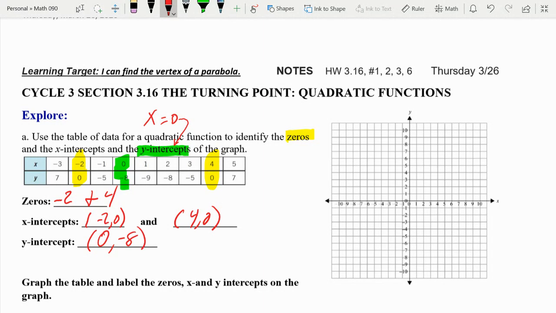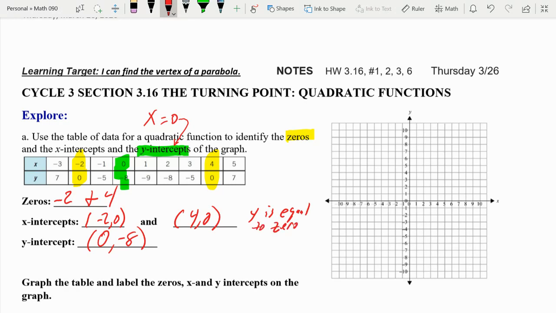So just remember x-intercepts. When you're looking for the x-intercepts, y is equal to 0. That's what you need to remember. Maybe I should write it out in words. y is equal to 0.